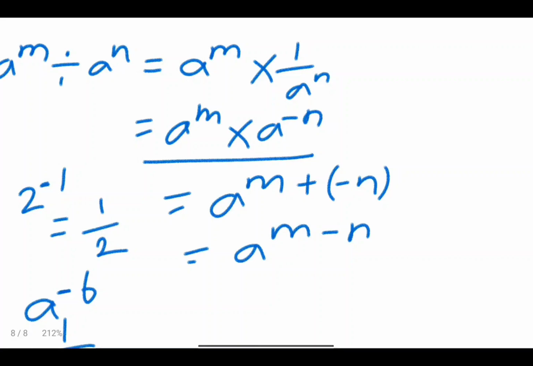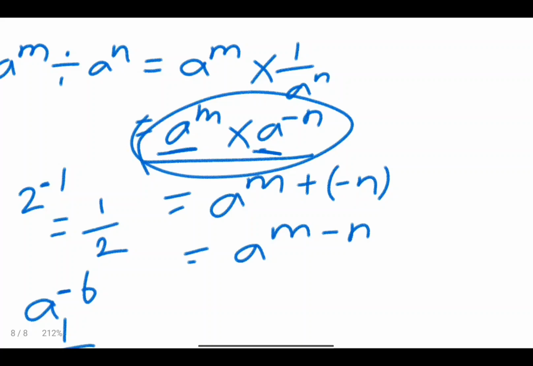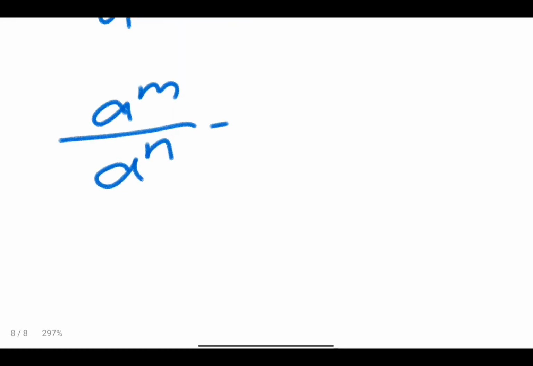We're adding the powers, as we saw, that if both of the bases are the same, then their powers will be added when they're multiplied like this. That's a general thing we understand. But why is it minusing? Well, it is because, let's say we have this again, same thing.